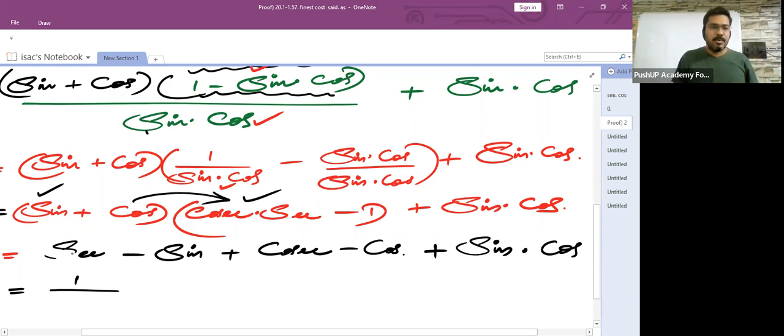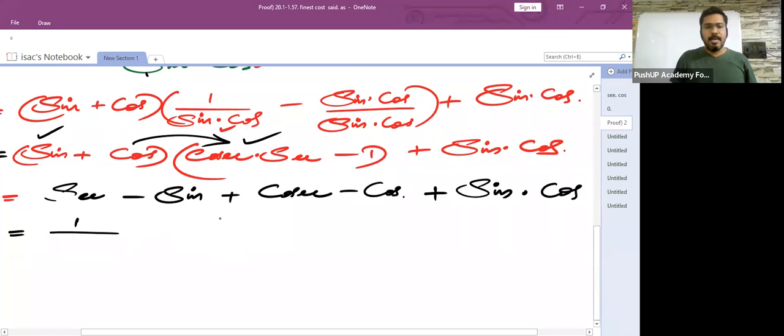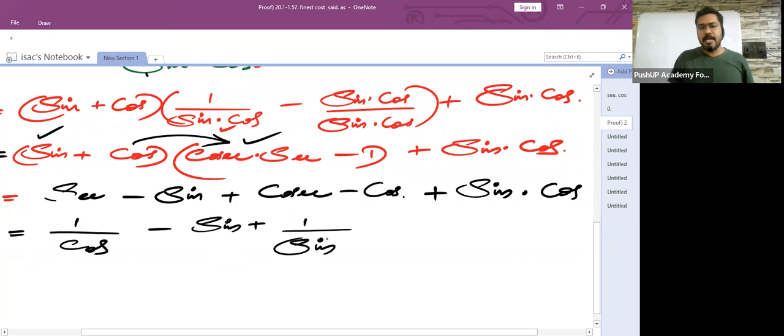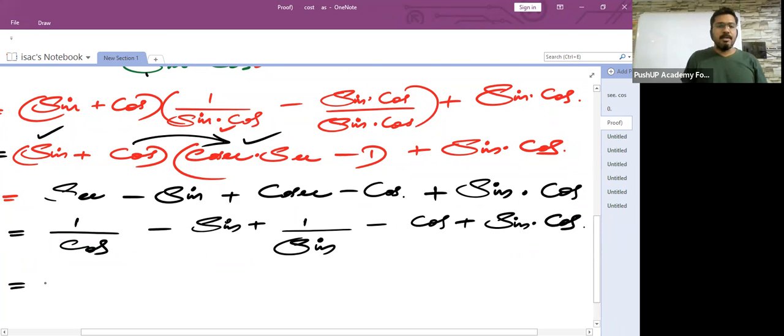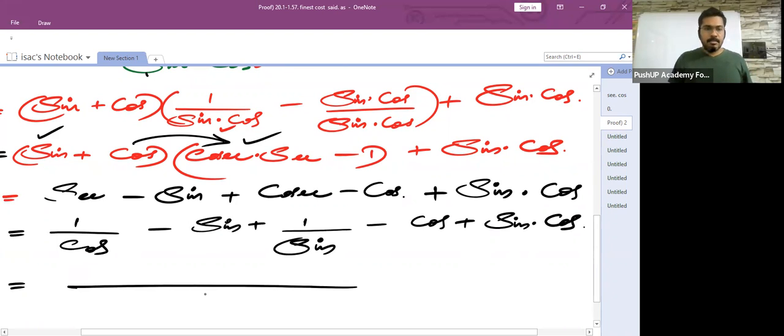So sec can be written as 1 upon cos, minus sine, plus cosec can be written as 1 upon sine, minus cos, plus sine into cos. Okay, this is equal to... Now, since you have cos and sine as the LCM, let me just try it out, children. This is sine minus.